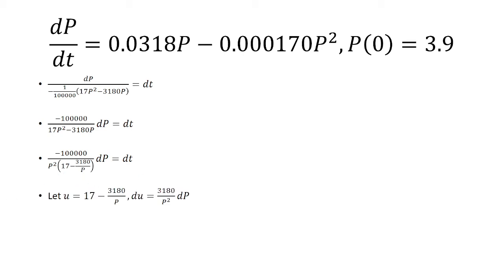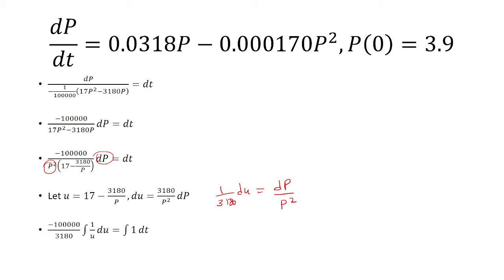So the derivative of that will be 3180 over p squared dp. Now I do have dp over p squared already, so I need to divide both sides by 3,180 to get dp over p squared.